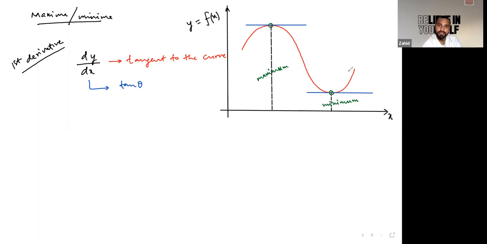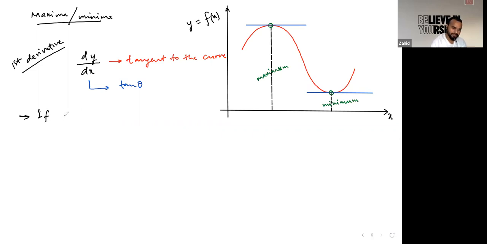So you can conclude that for maximum or minimum, as their inclination with respect to the x-axis is 0, the differentiation of the function at that instant would be 0. So if you have to calculate the maximum or minimum of a function, just differentiate it and put it equal to 0.